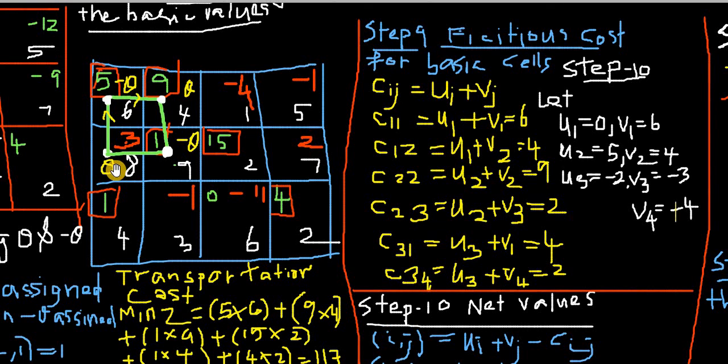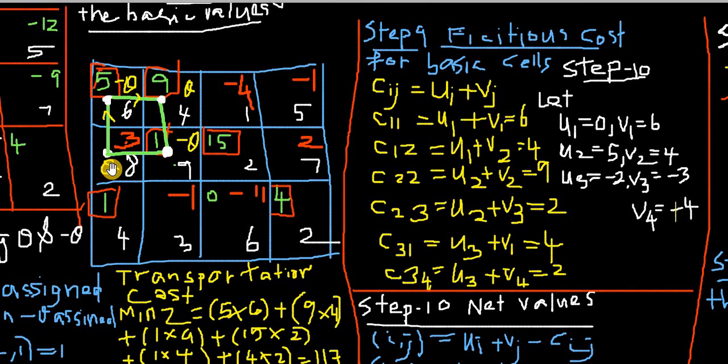Then we give the corner points the alternating values: theta, minus theta, plus theta, minus theta, then you join here. That is the assignment of theta. Then what is the theta value?